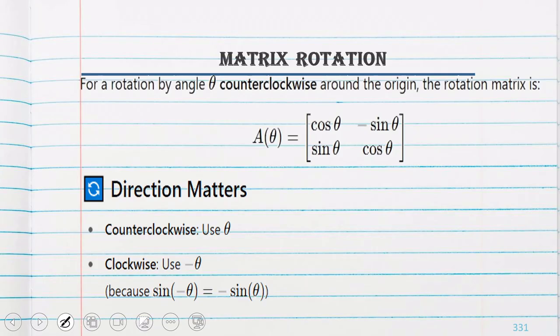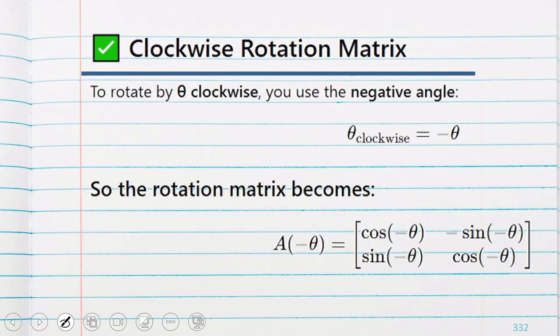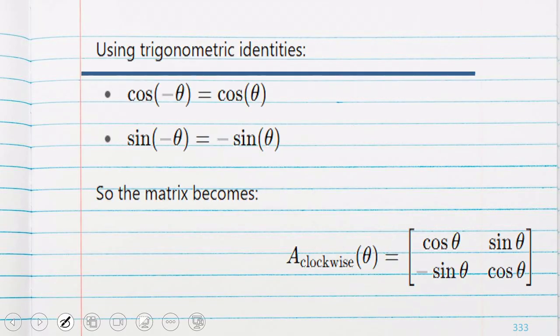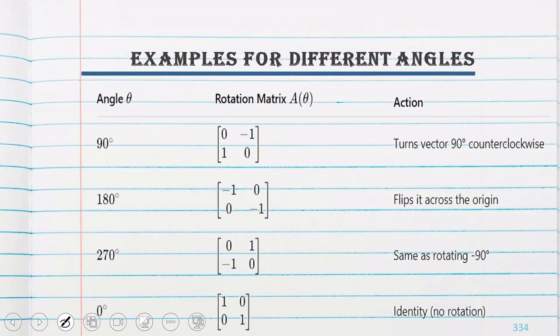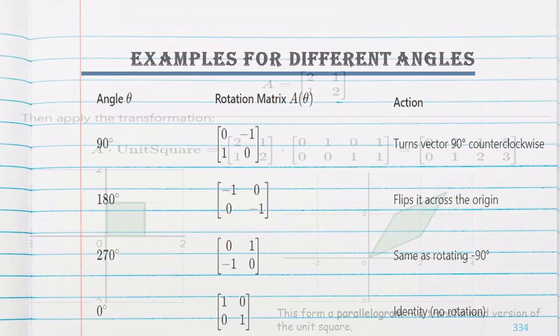You can apply counterclockwise or clockwise direction. These are just operations. Trigonometric identities can be applied in rotation, and the rotation matrix will be like this. So these are different angles and the rotation matrix.